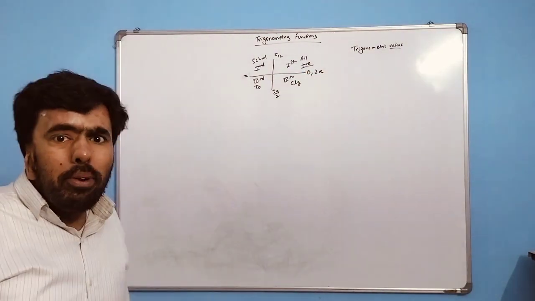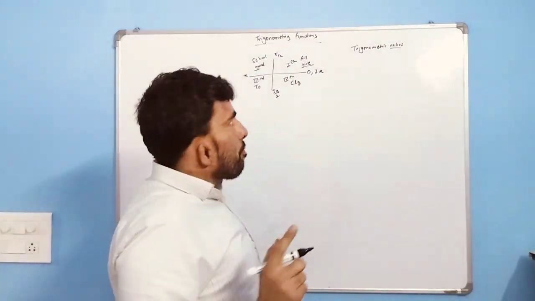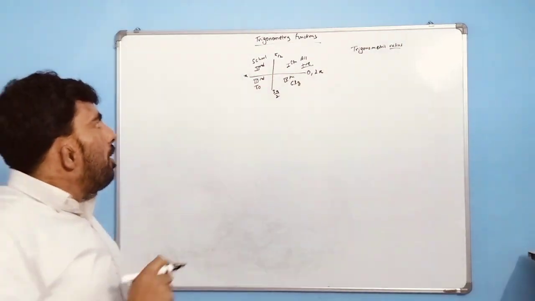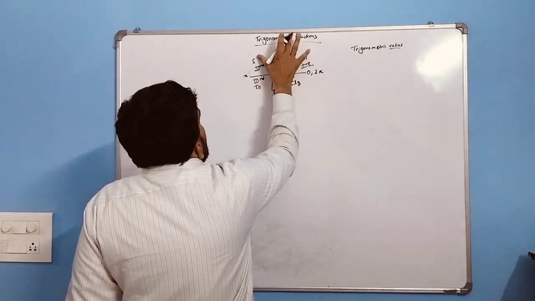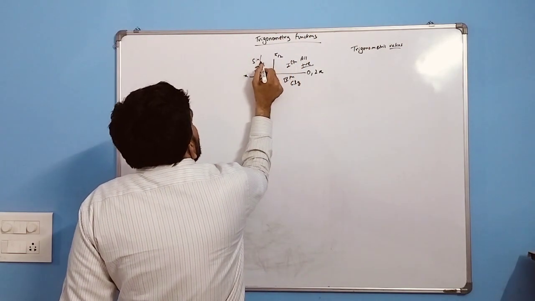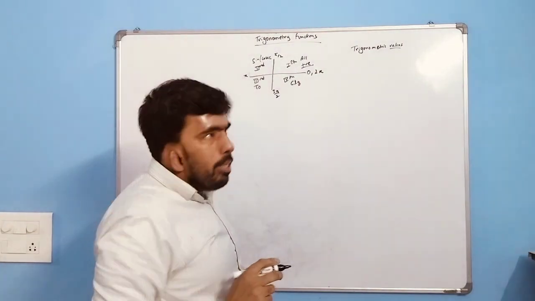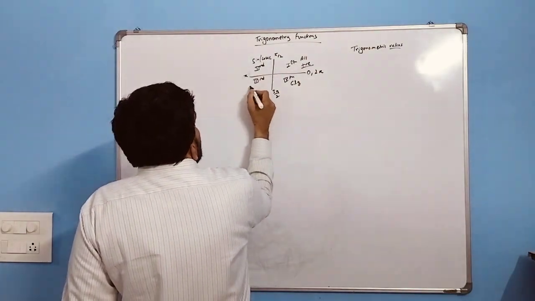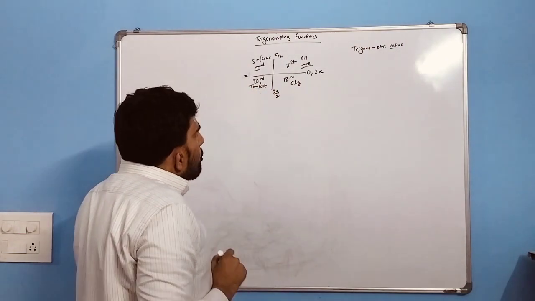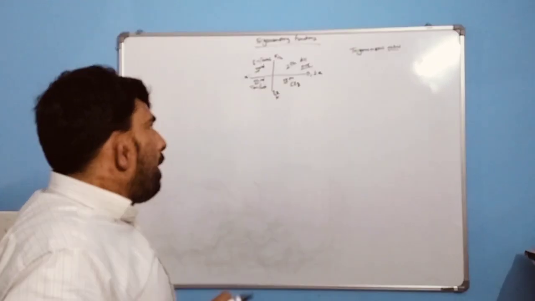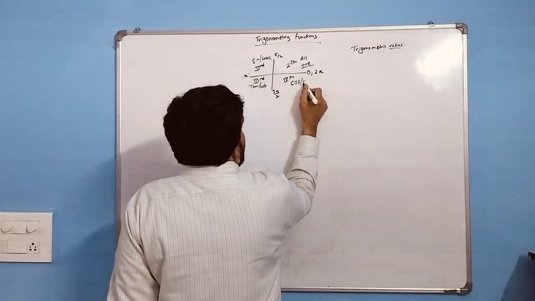In second quadrant we have only sine and cosec positive. In third quadrant tan and cot will be positive, and in fourth we have cos and sec positive.